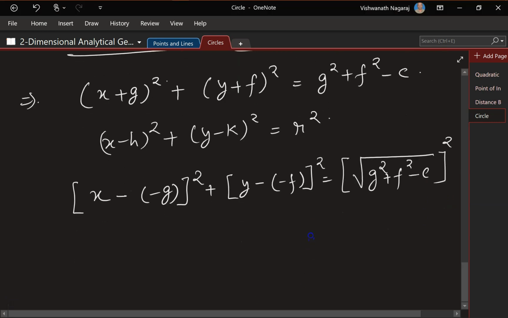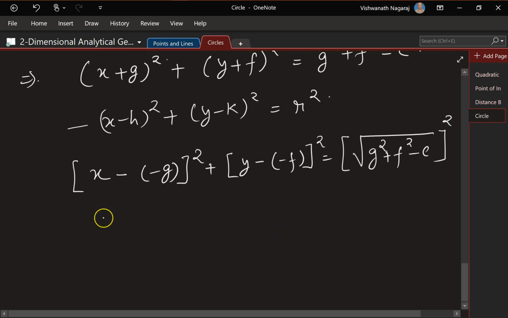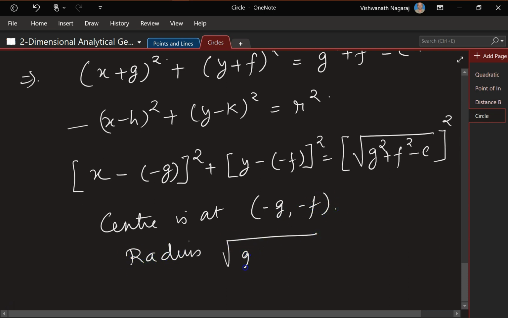And this is exactly how this equation compares to the equation of the circle which we derived previously. So here the center is at (minus g, minus f), and radius is square root of g square plus f square minus c.